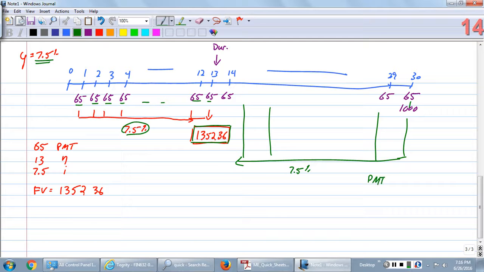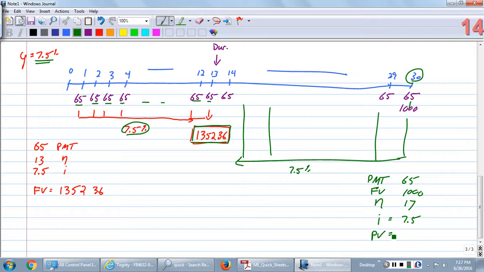This bond, whoever buys it, is going to receive $65 every period. They're going to receive $1,000 when the bond matures. There are 17 more years, because it was originally 30 years, wasn't it? And 13 years have gone by, so there's only 17 more years. Let's assume the interest rate remains at 7.5%.